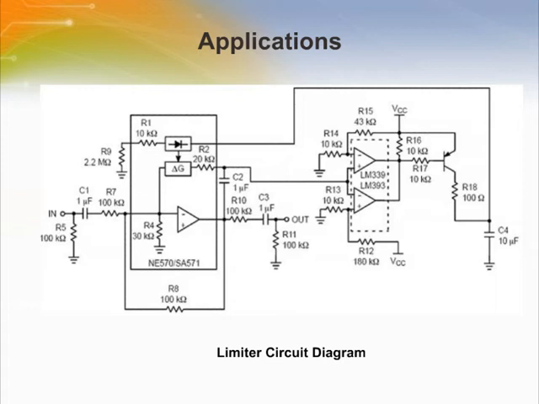Limiters abruptly limit the signal above a certain level, while compressors control the signal more gently over a wide range. A limiter continuously monitors the signal and intervenes as soon as the level exceeds a user-adjustable threshold, usually from -40 dB to +20 dB. Any signal exceeding this threshold will be immediately returned to the adjusted level.